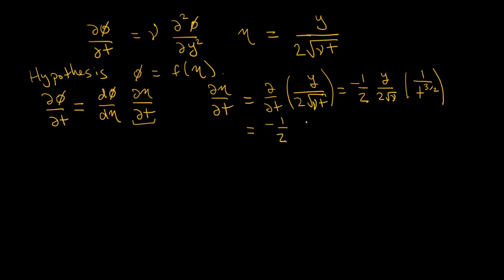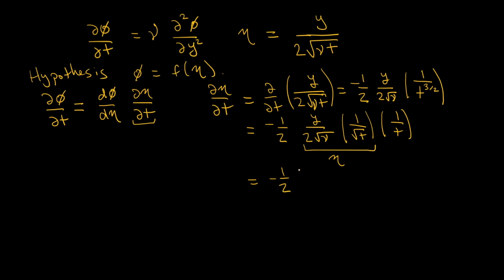So first minus 1/2. And we're basically going to split up one of the square root of t here, and then 1 over t right here. And you'll notice that if we combine these two terms together, that's actually equal to eta, because we can move this square root of t underneath this square root. We end up with another term for eta, and that gives us minus 1/2 eta, and we can finish off by taking this t to the denominator right here, 1/2 eta over t.